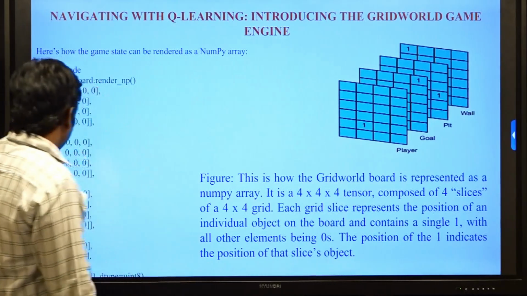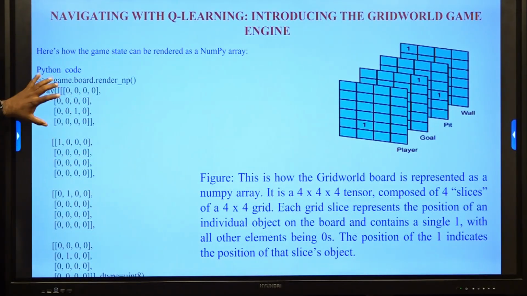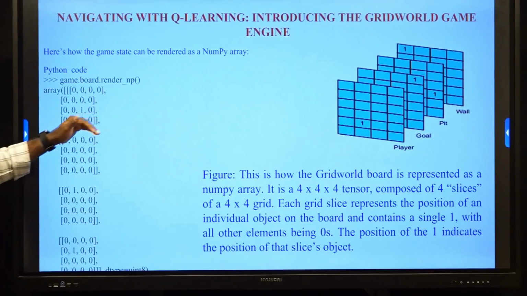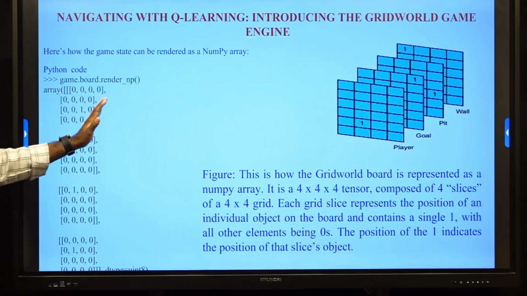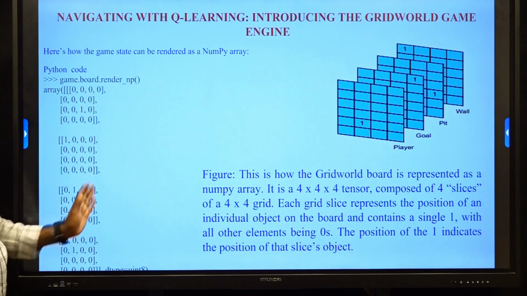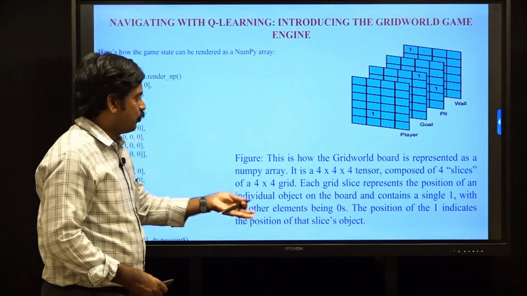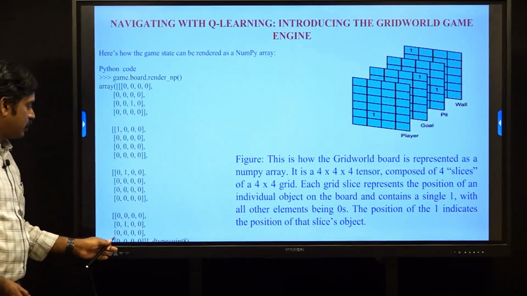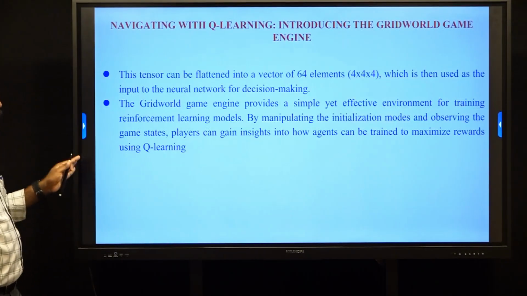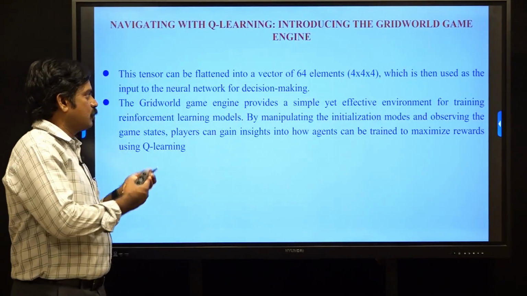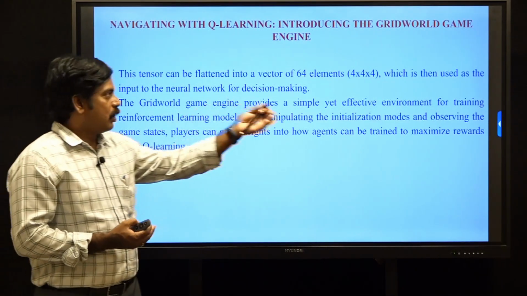Using these values, these 4x4x4 matrices, we have the input. These are all given as flattened, one-dimensional values. So 4 into 4 into 4 gives 64 values. We have to give these 64 values as input to the neural network.